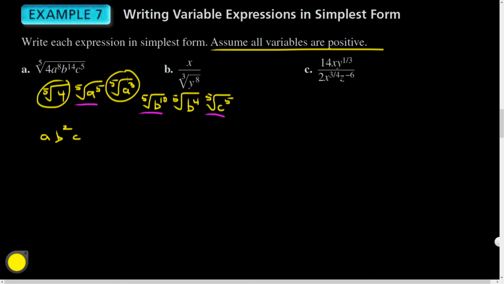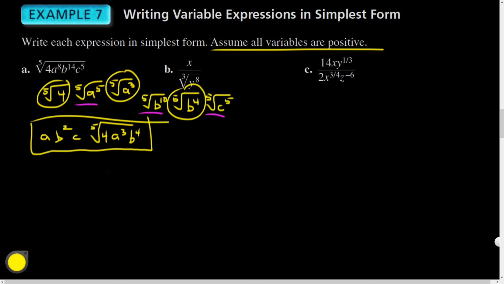And then I'm going to combine all of the irreducible ones and write the 5th root of 4a cubed b to the fourth, because those were unable to be reduced. And since I was assuming all variables are positive, I didn't have to consider whether or not absolute values were showing up on these things.